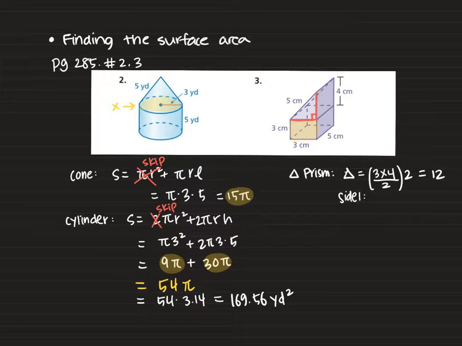It's going to be 5 times 5. I'm using this side and this side, so it's going to be 25. I set that aside. And then I also have the right side, which is going to be 4 times 5, and that's 20. And I'm going to set that aside as well.